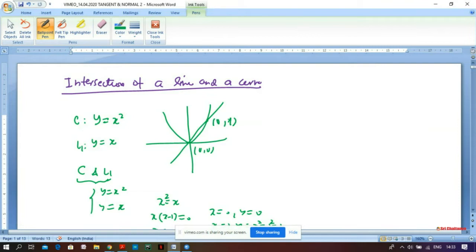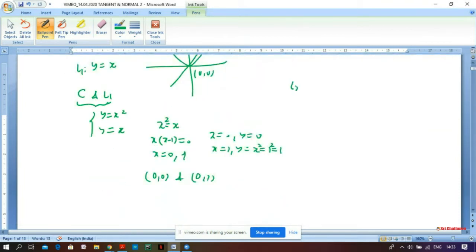If I just change the line and the curve is the same, suppose I take the line L2 as y equal to 2x minus 1. Let's see why these coefficients 2 and negative 1 are chosen. If I again intersect this line with the curve y equal to x squared, a parabola and a line, it amounts to solving x squared equals 2x minus 1.